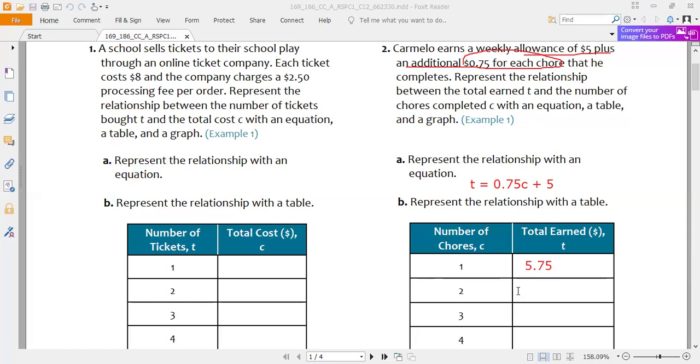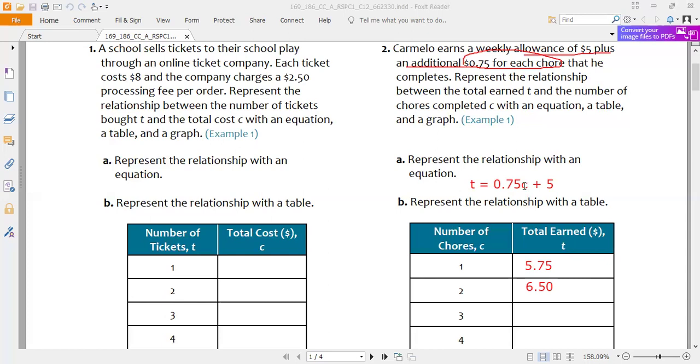Then if you replace C by 2, 0.75 multiplied by 2 will be 1.50, which will be 6.50. You can multiply by 2: 0.75 plus 0.75 will be 1.50, and if we add this 5, which is a whole number, it will be 6.50.